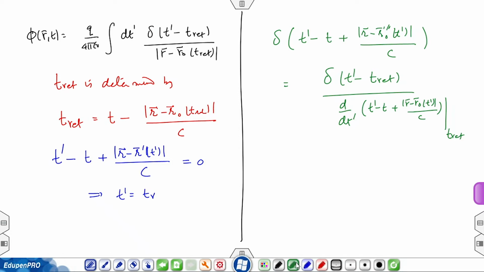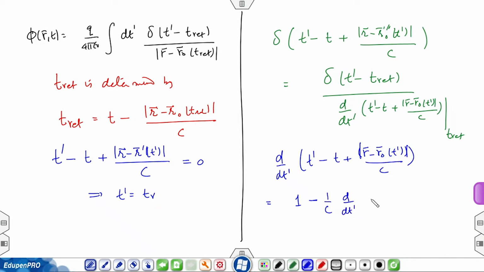Let us calculate that differential. D by dt prime of (t prime minus t plus |r minus r naught(t prime)| over c) is going to be equal to 1 minus one over c d by dt prime of (r dot r plus r naught dot r naught, which is a function of t prime, minus 2 r dot r naught, a function of t prime) raised to 1 half.